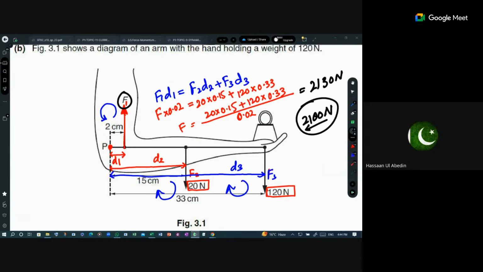Got it? Yes, sir. Beta, is it clear to you? Yes, clear. So I will send you this worksheet.